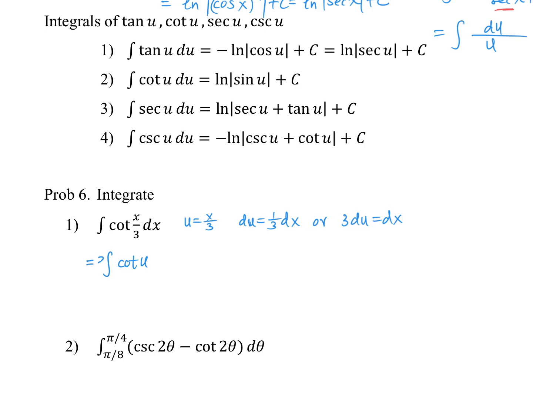Dx is 3 du, right? And therefore we have 3 times ln sine of u, using the formula above, so u is x over 3. Let's do the backward substitution immediately, plus the c.